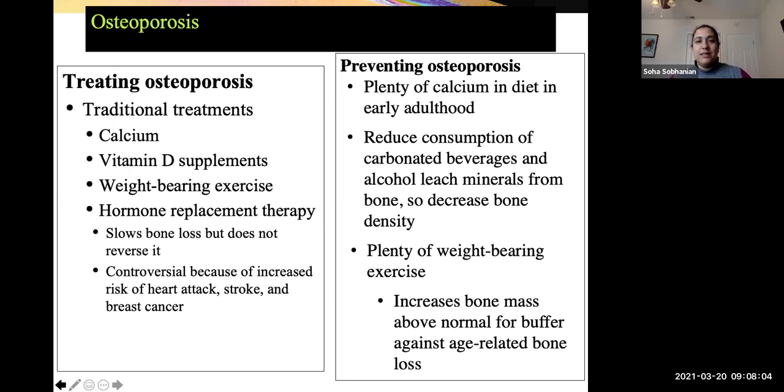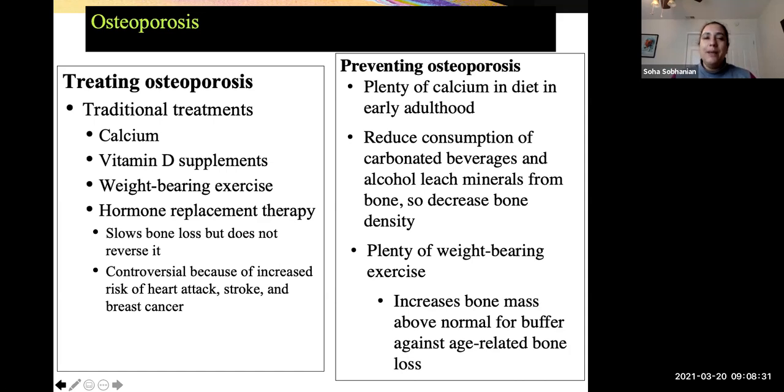Treatment of osteoporosis, the most traditional way is taking calcium supplement, which is, I should say, calcium and vitamin D supplement. They have to go together. Weight-bearing exercises, this is really important, guys. So when you do weightlifting, so resistance training, I'm not talking about cardio. Cardio is great, but not necessary for bone formation.